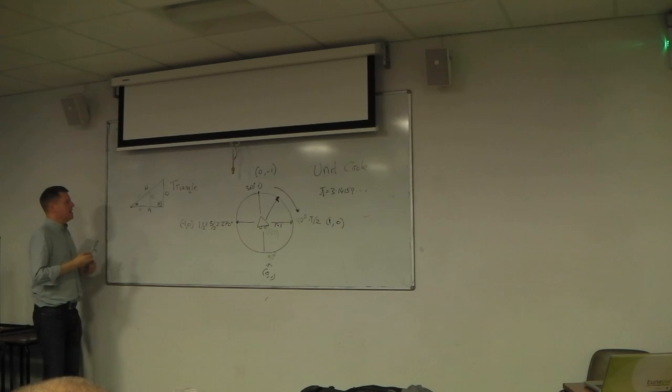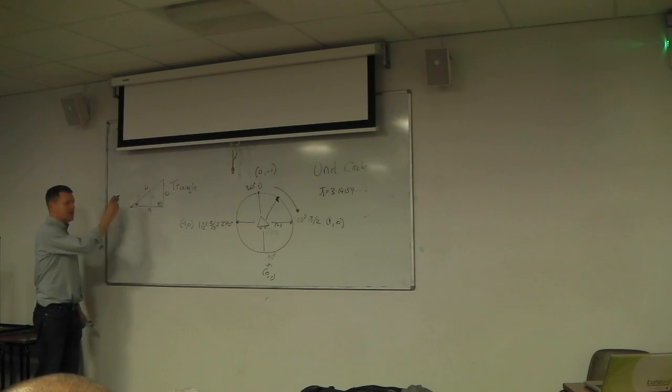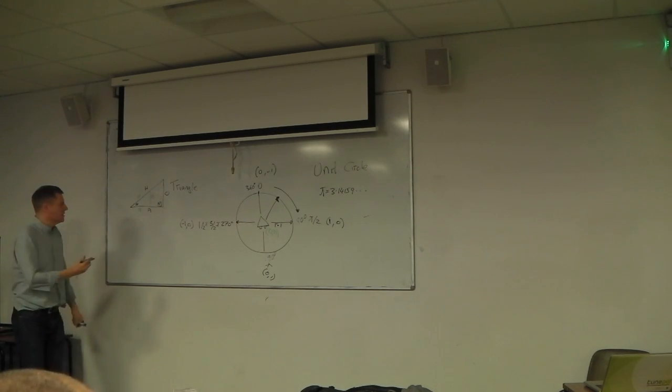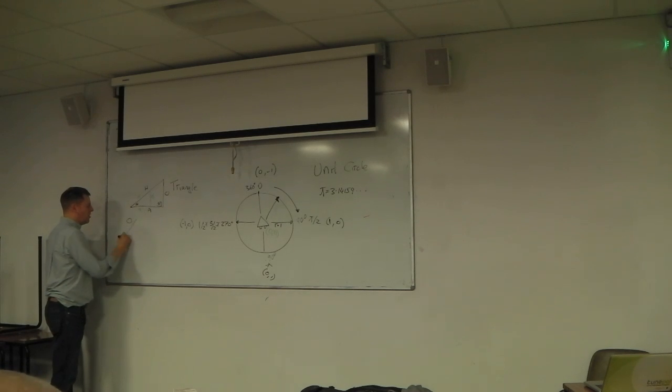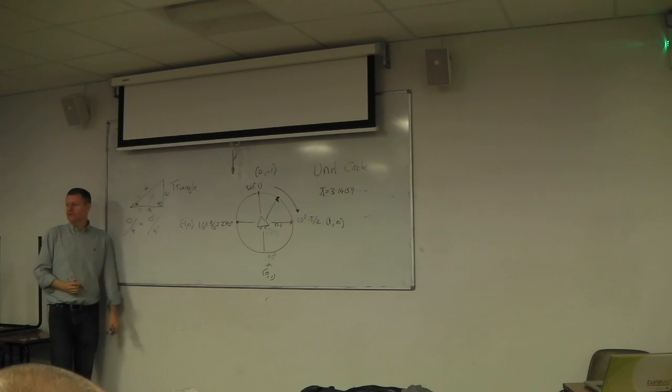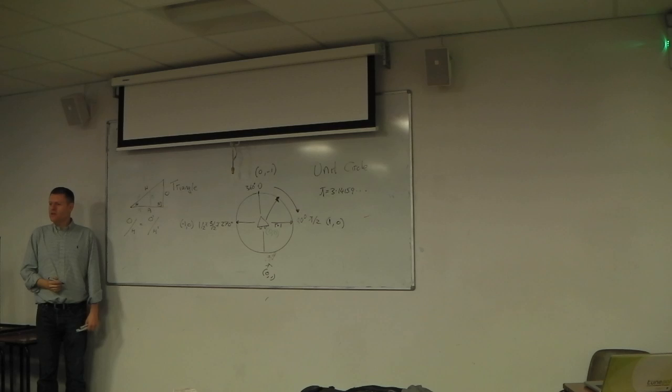We can say that the ratios between the lengths of those sides are the same, regardless of what the overall lengths are, because the angle doesn't change. So you can say that O over H is equal to O prime over H prime. Isn't that fair enough? Does everybody agree? Following what I'm doing so far?